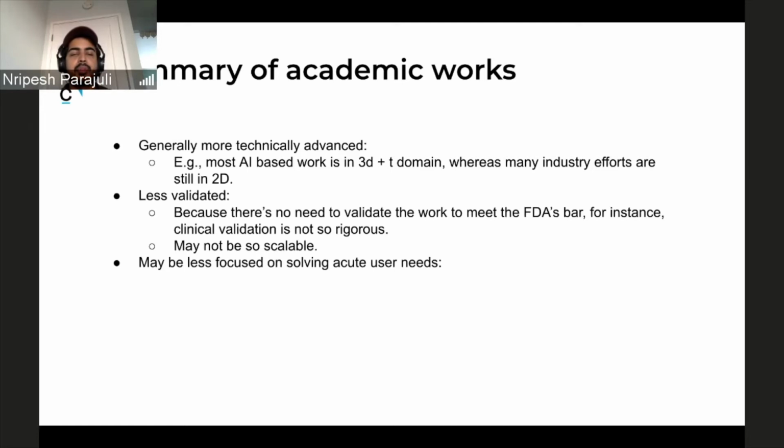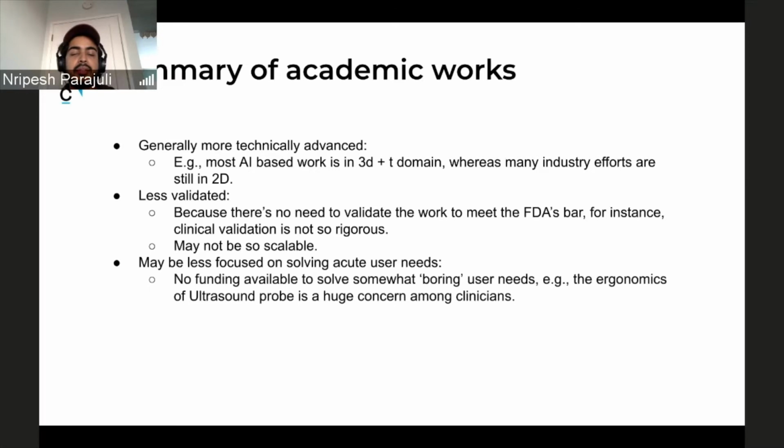Now, this less validated point is just by design. It's not a flaw, but maybe this next one is a bit of a flaw in my opinion. I think this is a bit of a problem: since funding is generally available to solve these cool technical problems, sometimes really boring user needs are not thought about.